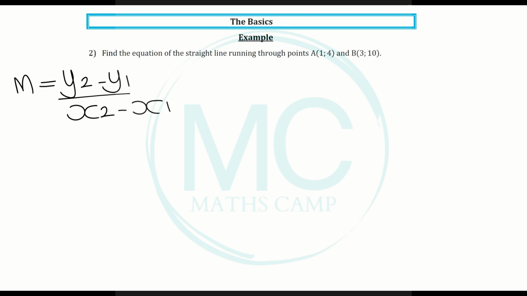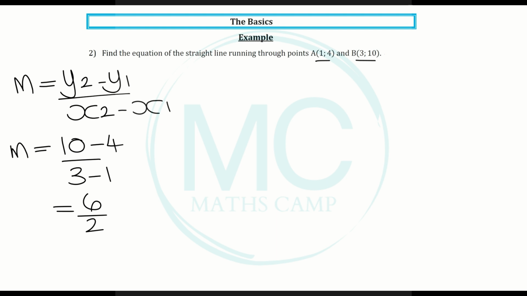Let's say that point A is our first point and B is our second. So we can say m is equal to 10 minus 4 over 3 minus 1. And we get 6 over 2, which is equal to 3.